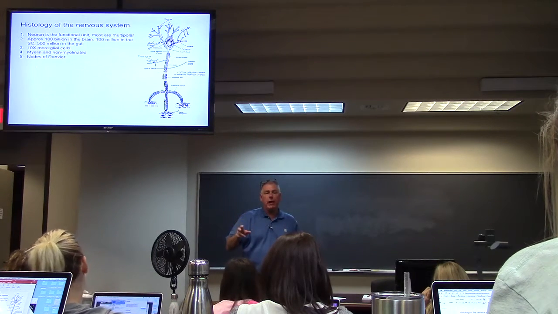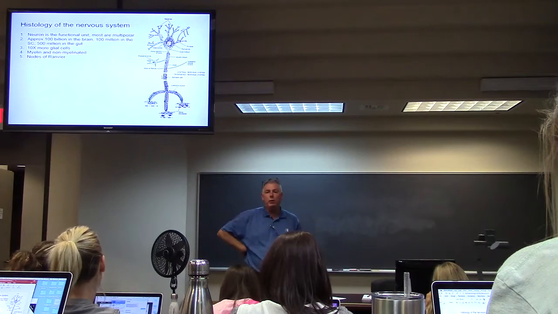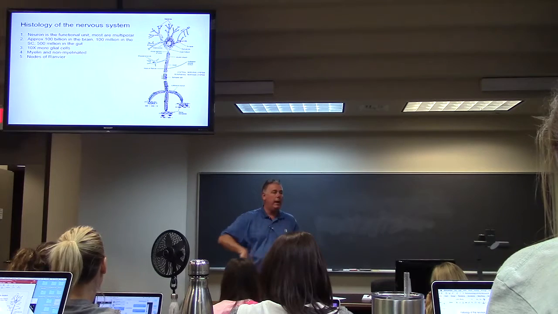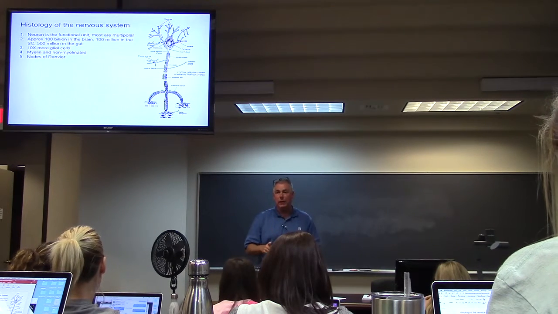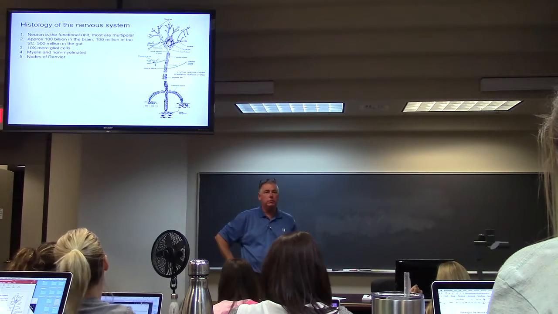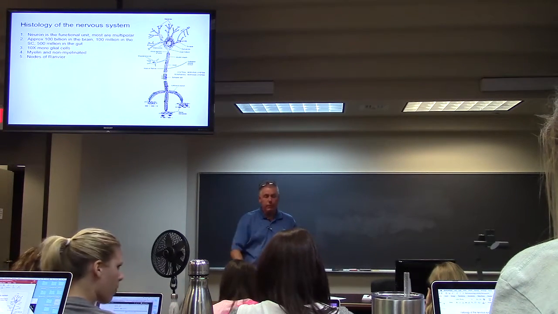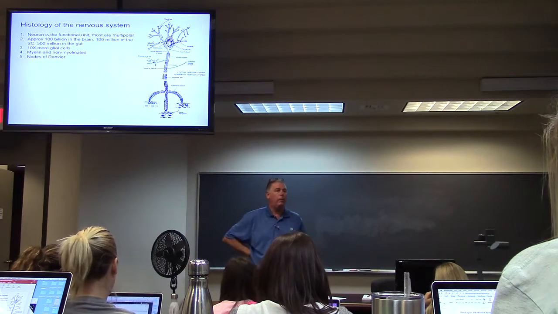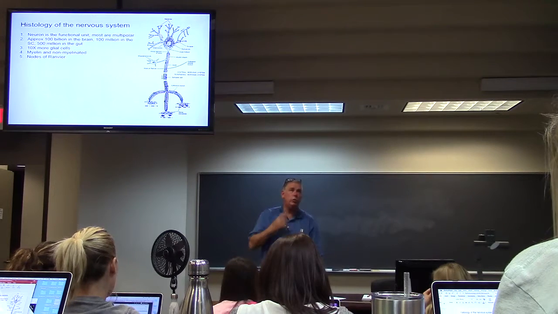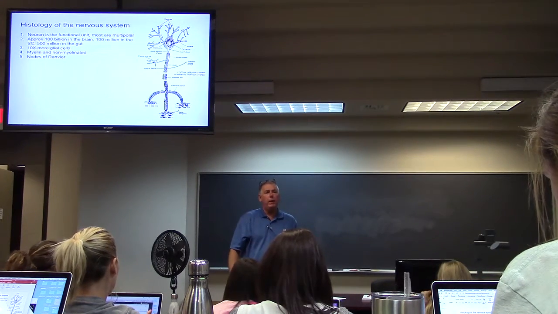An oligodendrocyte will provide myelin to several axons. A Schwann cell will provide a myelin sheath around only a part of only one axon. So there'll be dozens and dozens of Schwann cells lining the axons over a length.